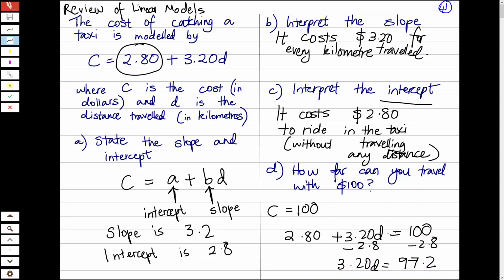This one? 80 plus 120 times. Oh, yeah. 120. C equals... I won't worry too much about this.